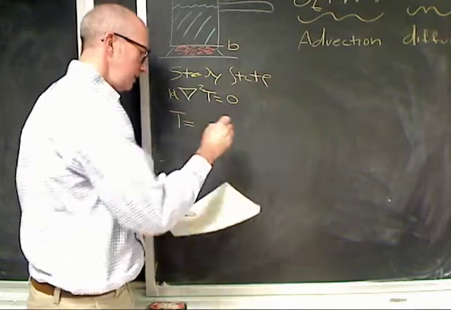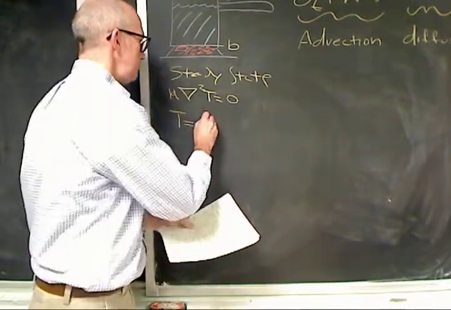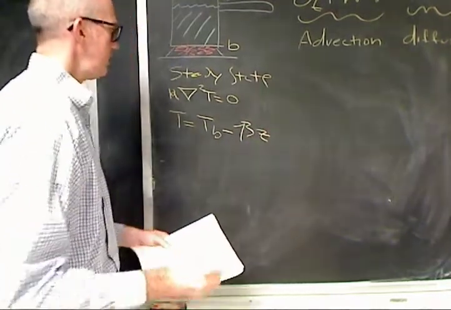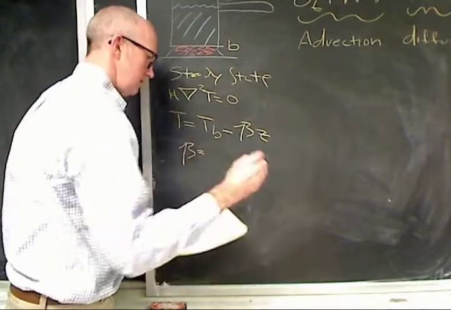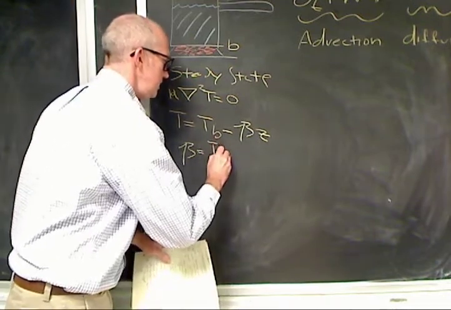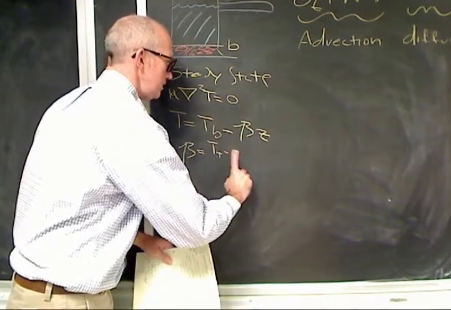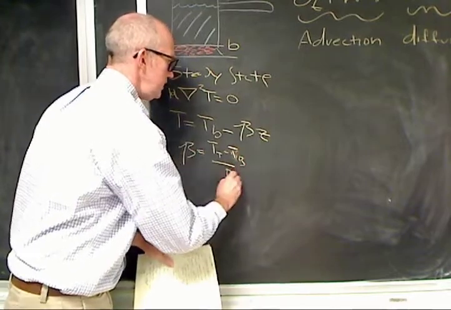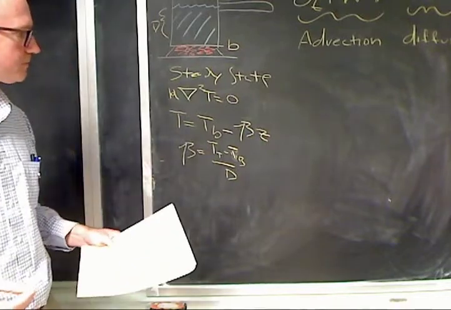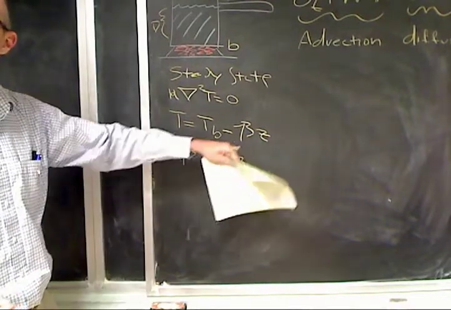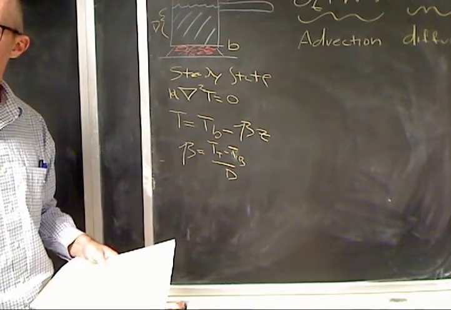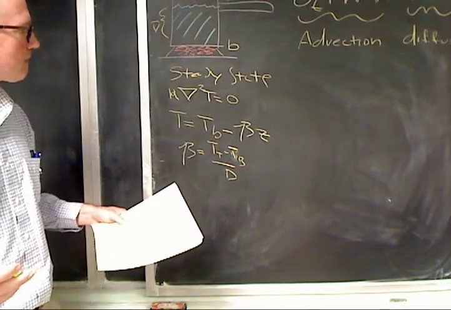That means that T equals T bottom minus beta Z. And beta, I didn't write it down, is T top minus T bottom over D, where D is the depth of my fluid. It's just the gradient in temperature. You okay so far? You look a little confused? Yeah, I'm good.